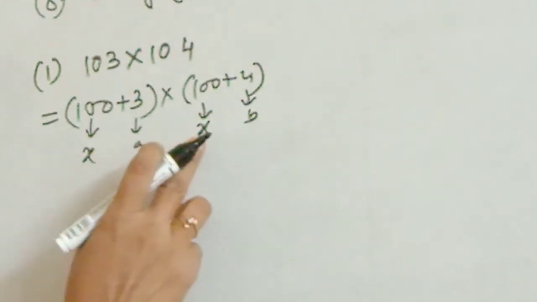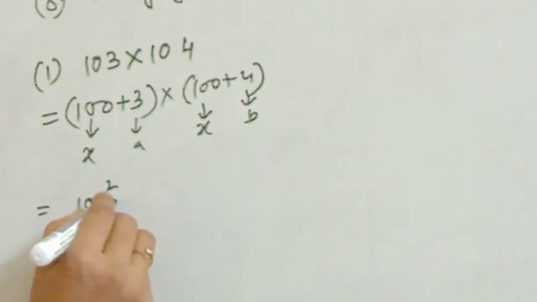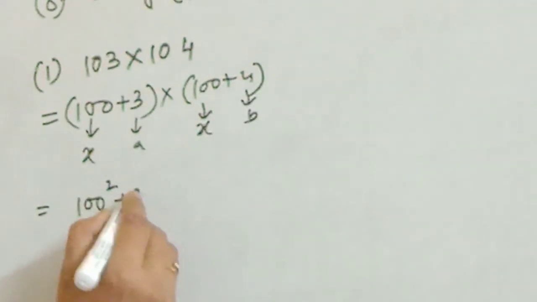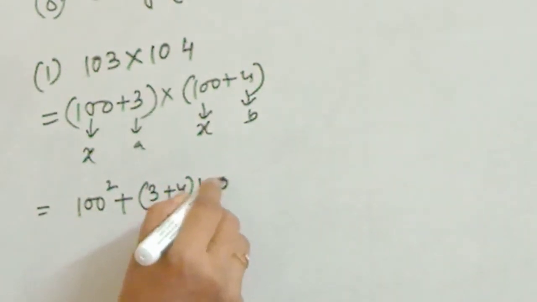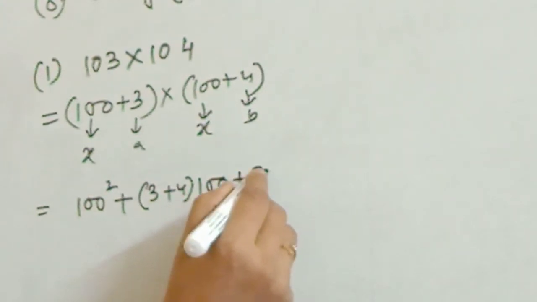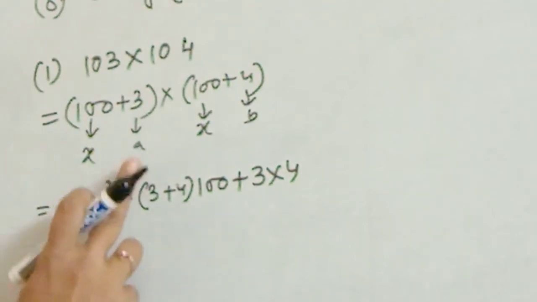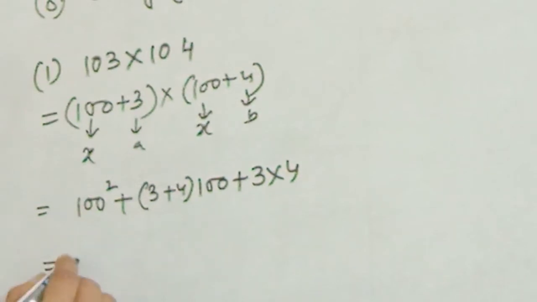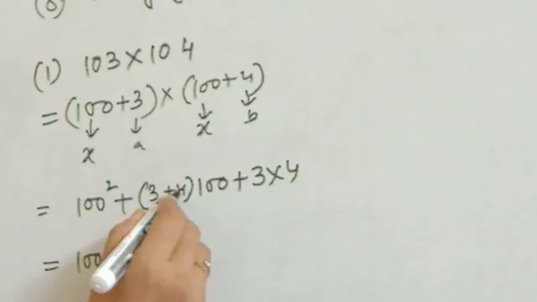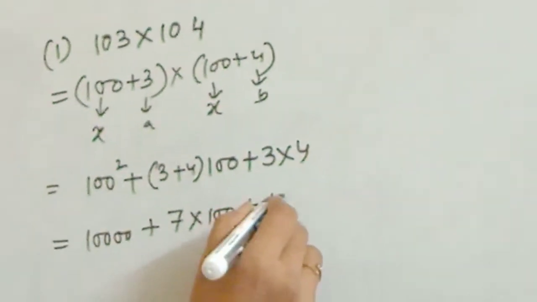So x plus a and x plus b, x square plus a plus b into x, that means 3 plus 4 into x, here 100, plus a into b, here 3 into 4. 100 square means 10,000, plus 3 plus 4, 7, 7 into 100, plus 3 into 4 is 12.